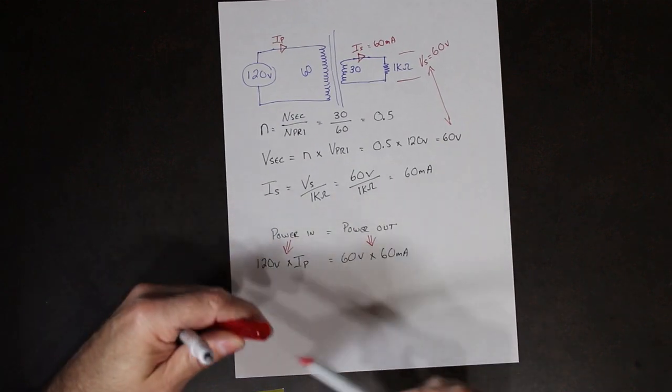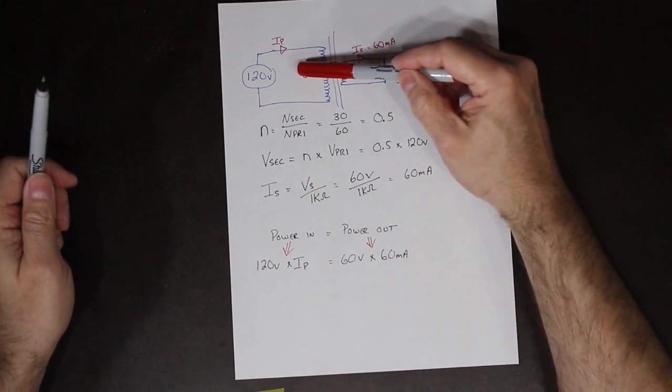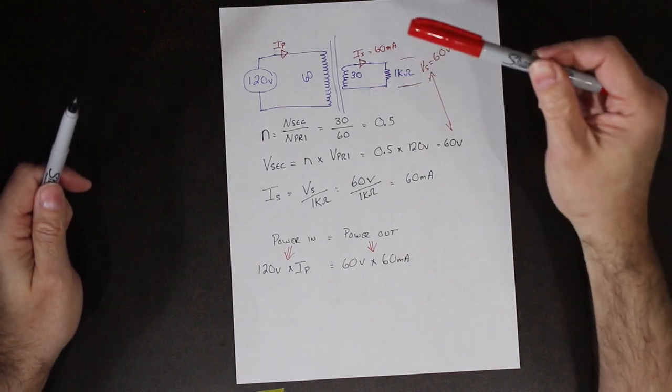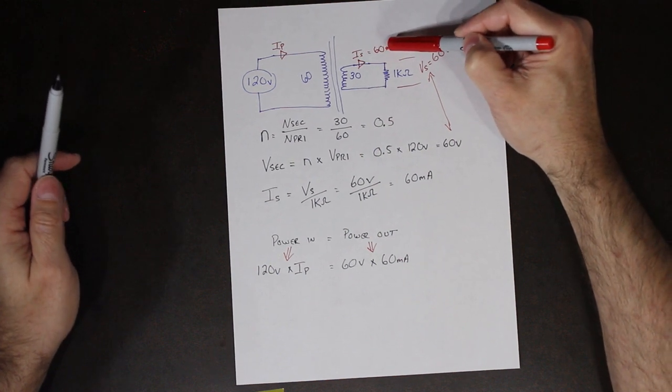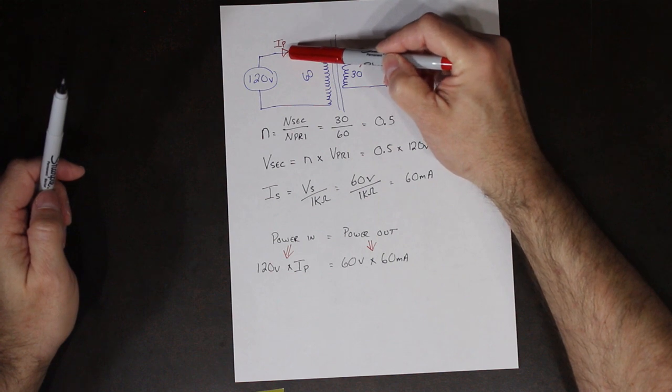Now, I did say that on a step-down transformer, when the voltage goes down, the current must go up. So this current must be larger than this current.